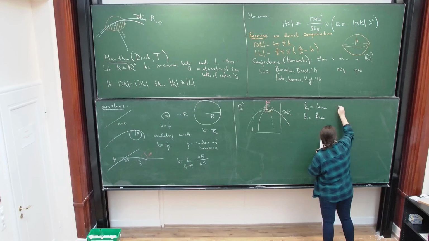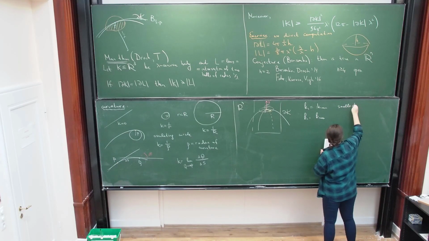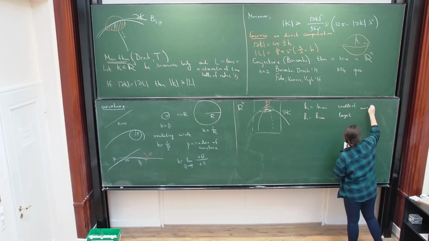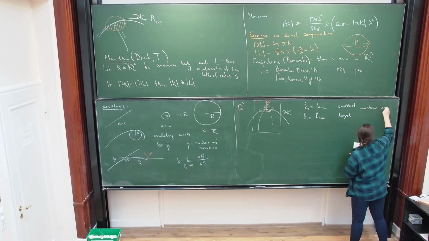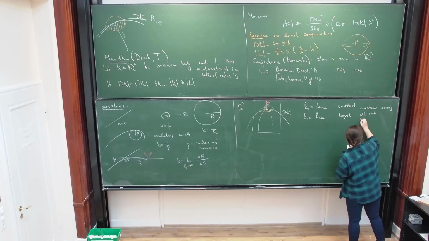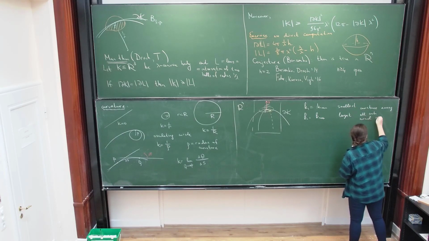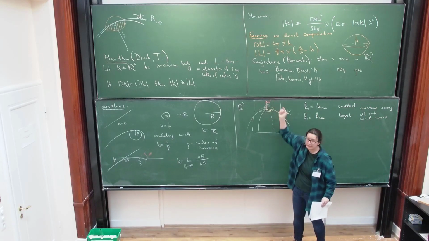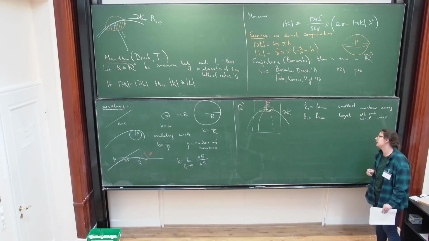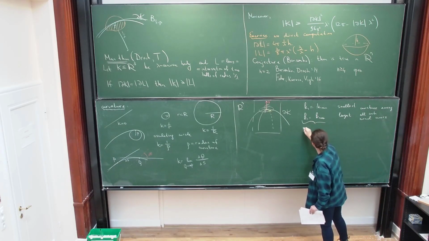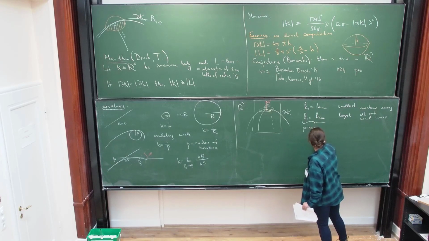So the smallest and largest curvature among all such, I'm going to call them normal curves. Among all such plane curves that lie in the plane that contains the normal vector. And such curvatures, K1 and K2, are called principal curvatures.